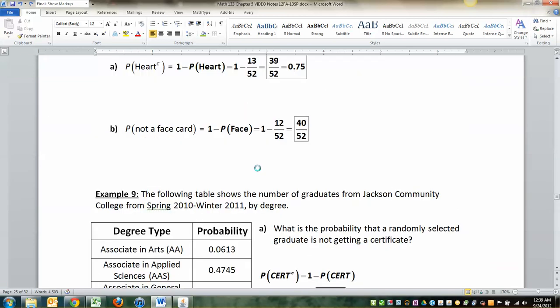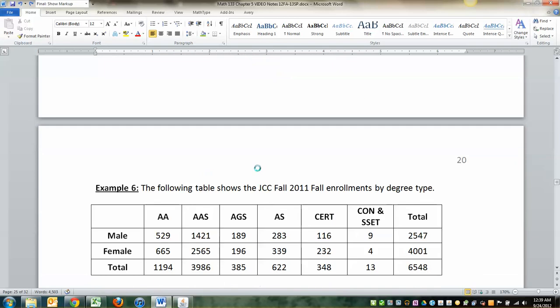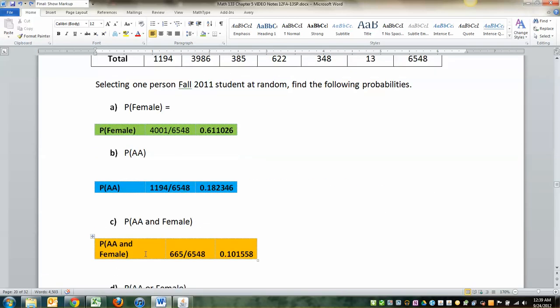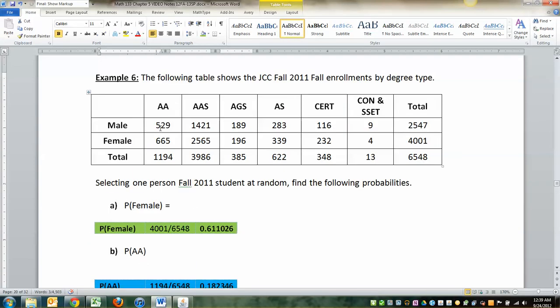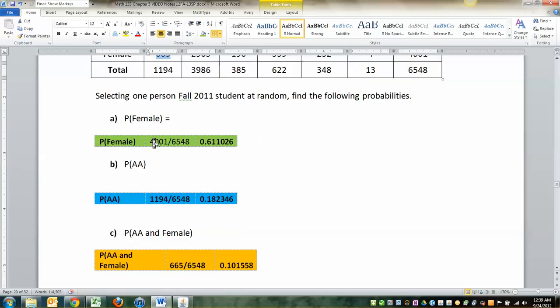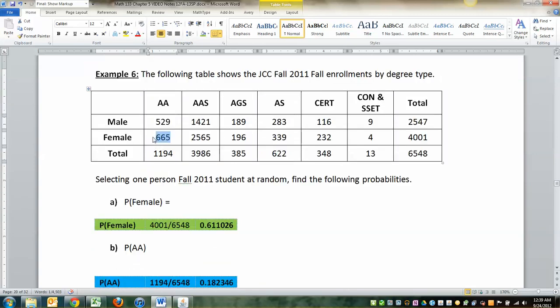Or, let me scroll back up here for a sec. We found it, right there. Look at that. AA and female. You already found an and probability for a contingency table. It was right here. And the way you did that was just kind of looking at it. As a matter of fact, the independent rule wouldn't work here because this table is not independent, right? These numbers are not all equal for different categories.